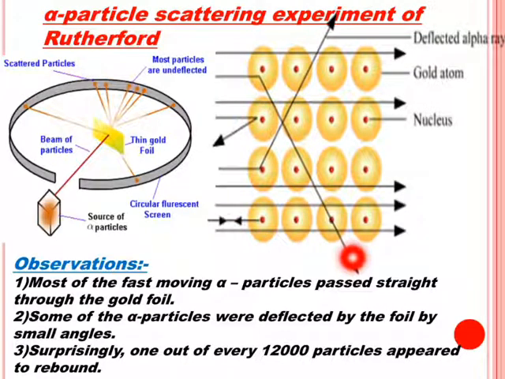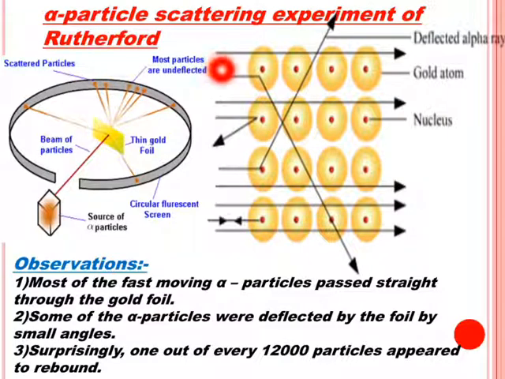Some of the alpha particles were deflected by the foil by small angles. Very few alpha particles were deflected by large angles. Surprisingly, 1 out of every 12,000 particles appeared to rebound by making an angle of 180 degrees.